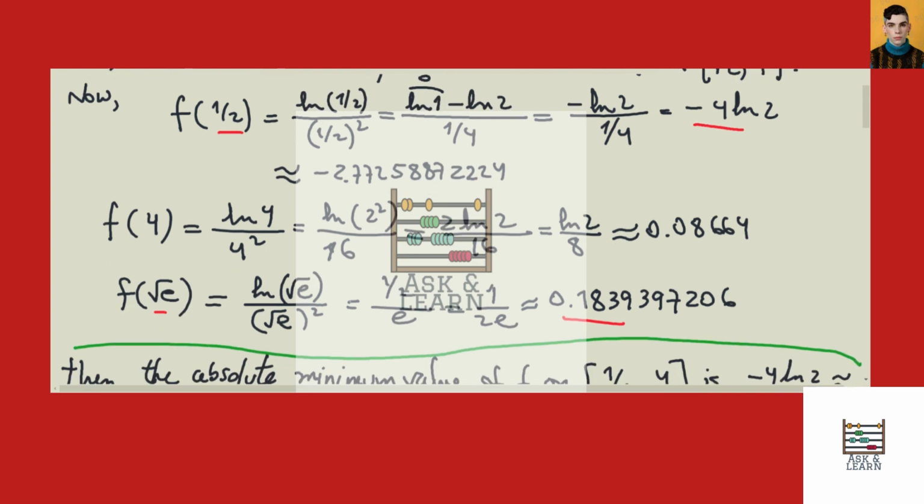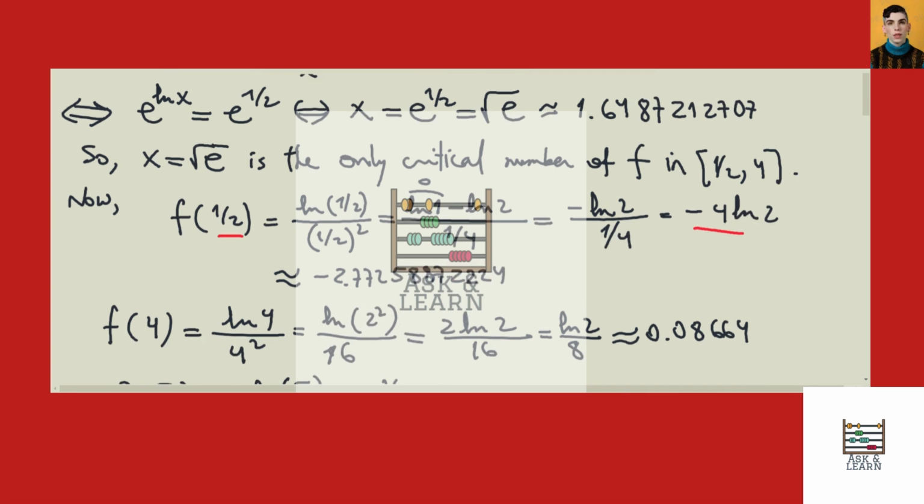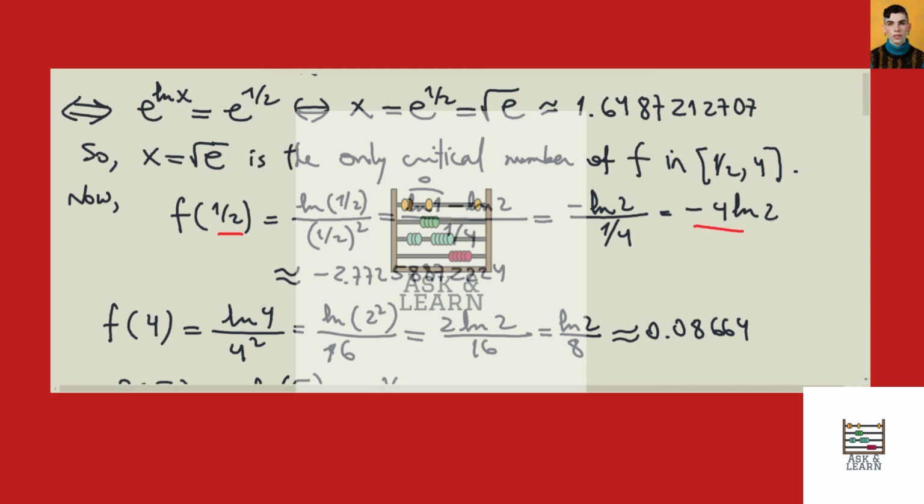Then we evaluated the function at the endpoints of the interval and at the critical number square root of e, and we found that the largest value is 1 over 2e, which is about 0.1839397206, and it occurs at the critical number square root of e, and the smallest of the values is negative 4 times natural logarithm of 2, which is about negative 2.772588722224, and it occurs at the left endpoint of the interval 1/2.